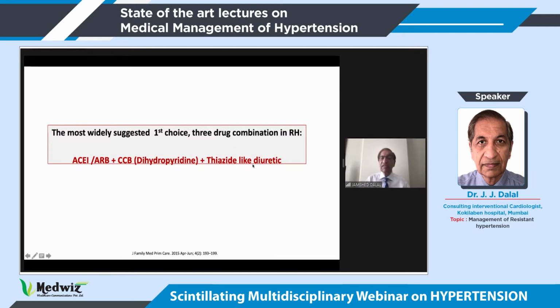And then, of course, you should have a thiazide-like diuretic like indapamide or chlorthalidone, which, as we know, has been shown to be better than a thiazide. So clearly, this would probably form the basis of any patient who has resistant hypertension, a single-tablet combination of these three drugs, because you want to keep adherence in control, and therefore you want to reduce the pill burden. So this three-drug combination, in my opinion, will probably form the basis of any treatment of resistant hypertension.